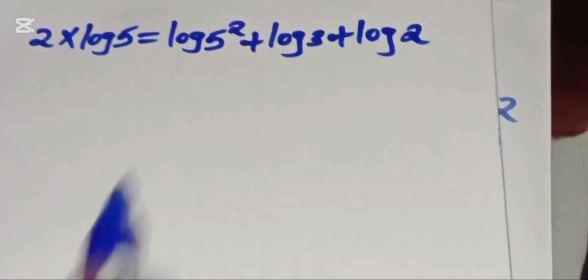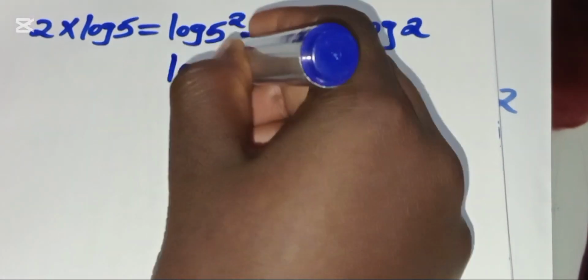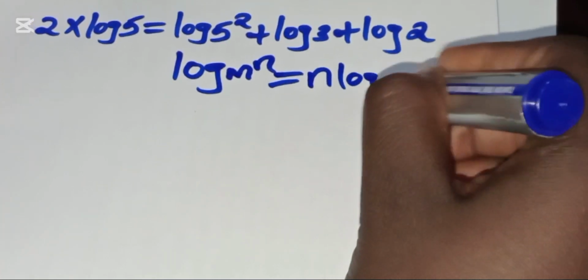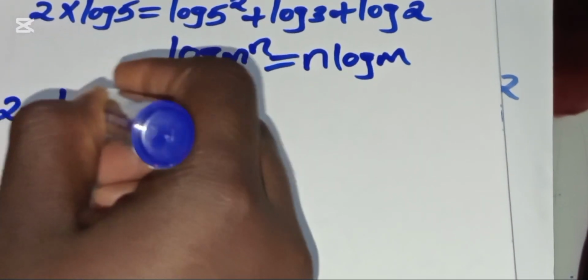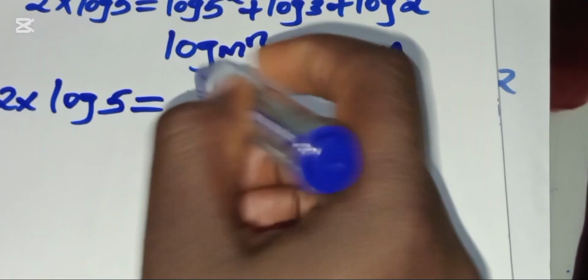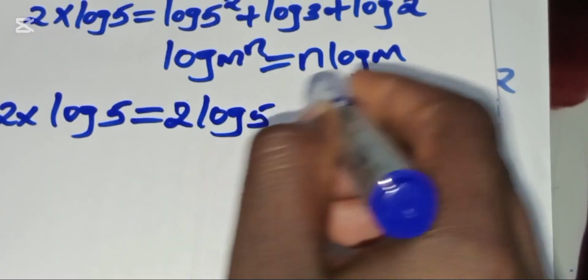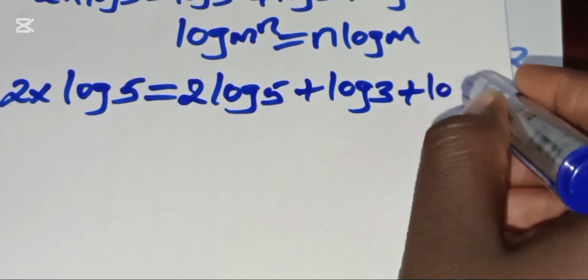Now, log 5 raised to power 2 is in the form of log m raised to power n, which you can express as n log m. So let's apply this property. We'll have 2x log 5 equal to 2 log 5 plus log 3 plus log 2.